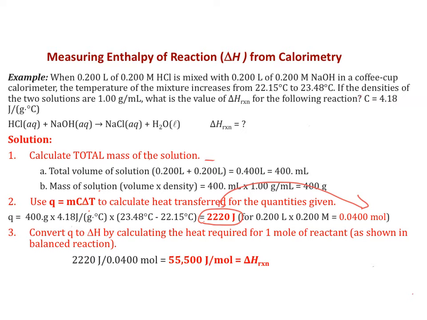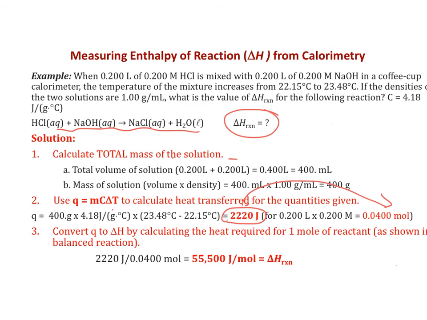So if you look back at the reaction and the question wants to know enthalpy of reaction for the reaction as written here, there is 1 mole of both the sodium hydroxide solution and of the HCl solution. Okay, there's only 1 of each.